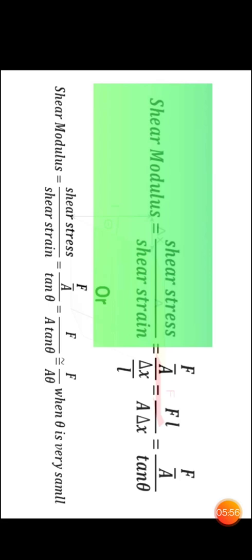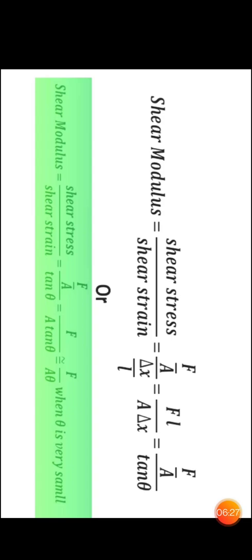Therefore, shear modulus is equal to shear stress upon shear strain. It is the definition of shear modulus or rigidity modulus. In notation form, we put the value of shear stress, F upon A, and the shear strain's value, tan theta, its particular value delta x upon small l.